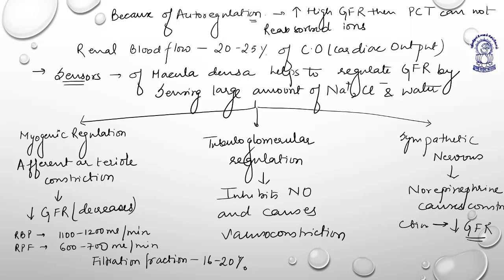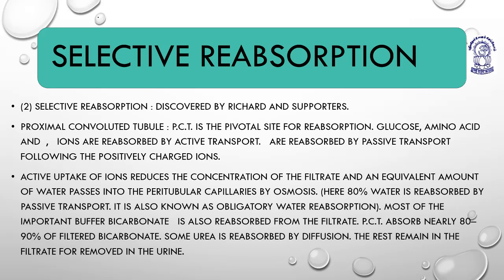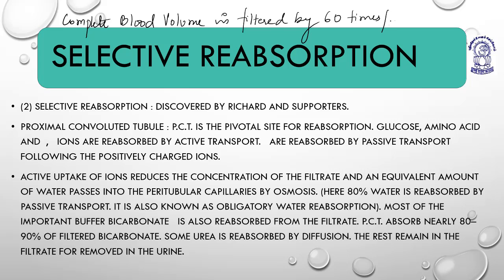Okay. The complete blood volume is filtered about 60 times per day. The GFR is 180 liters per day.